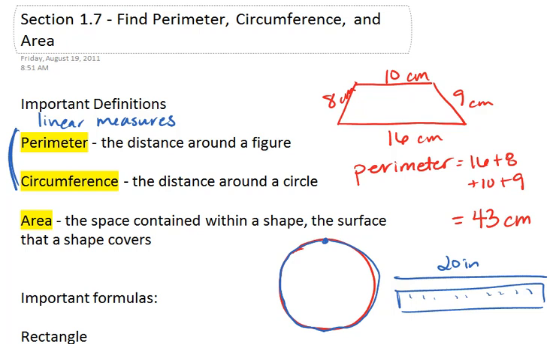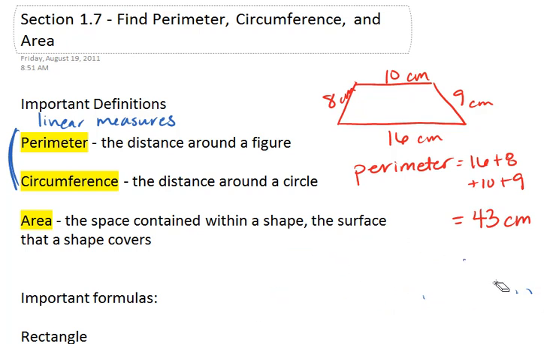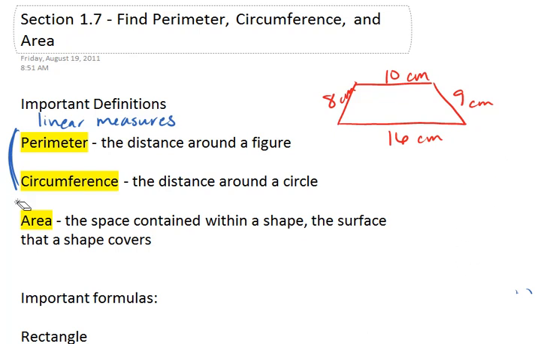Make sure that you understand these two concepts before moving on to the next definition, which is area. Area is the space contained within a shape, or the surface that a shape covers.